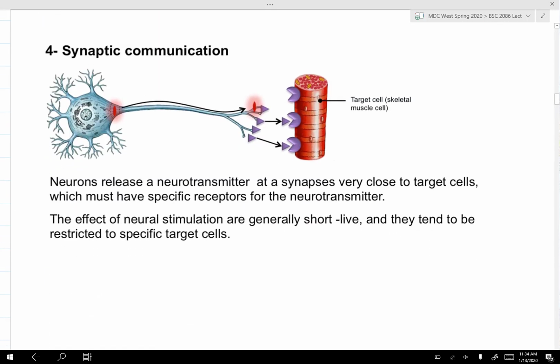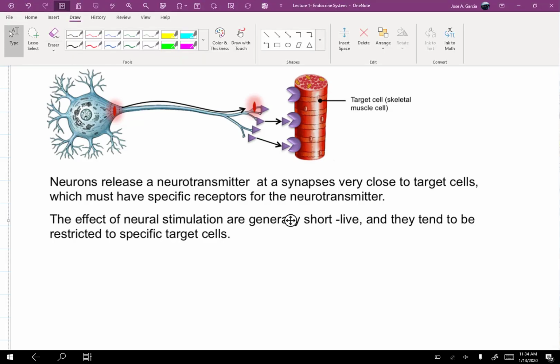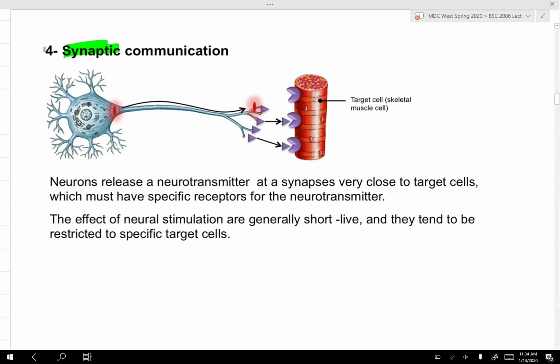Now, the next one and the last one is going to be synaptic communication. Why synaptic? Well, if you look at this one, I don't have to say a lot. I just tell you that it involves a neuron, right? So this is a purely fast one, because neurons are the fastest thing in the human body.